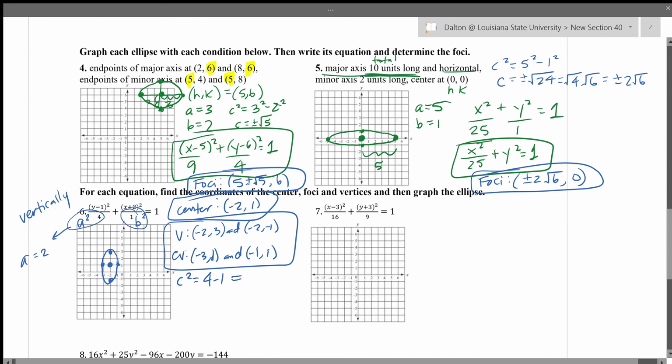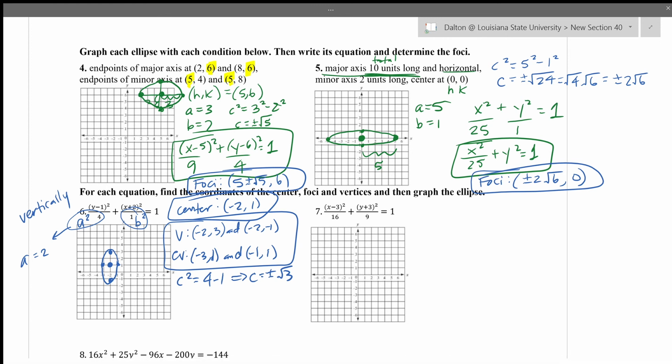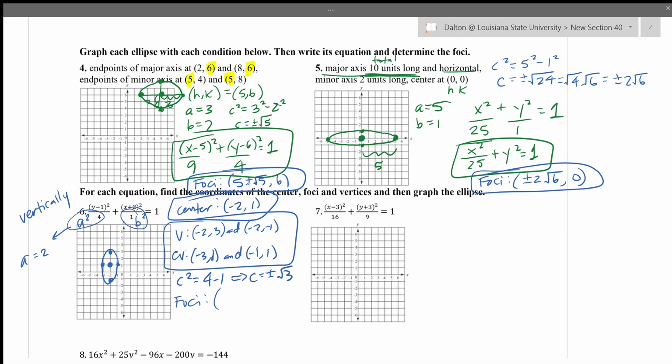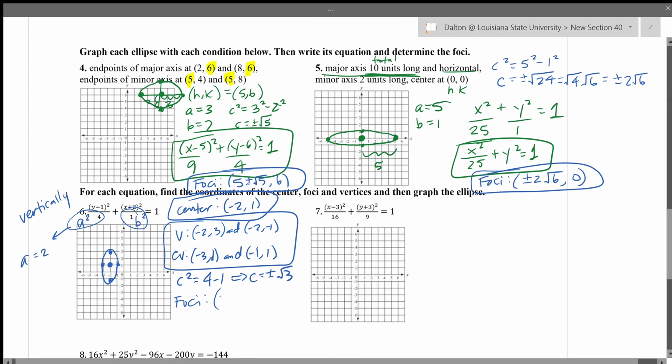Then that implies that C is equal to plus or minus the square root of 3. So our foci in the y direction means I'm going to be adding the square root of 3 and subtracting the square root of 3 from my k variable. So the foci, I'm going to start at the center, -2, and then 1 plus or minus the square root of 3.